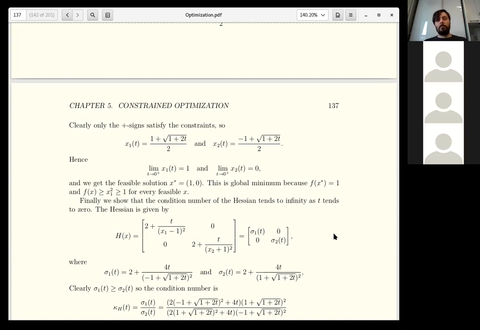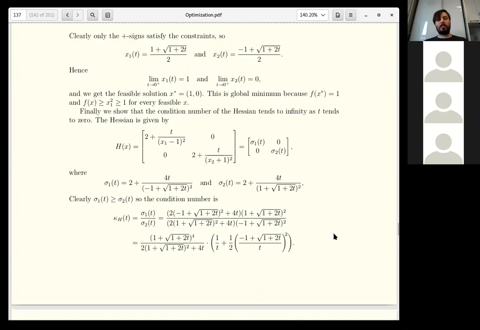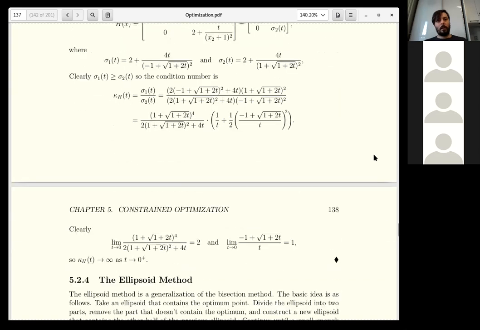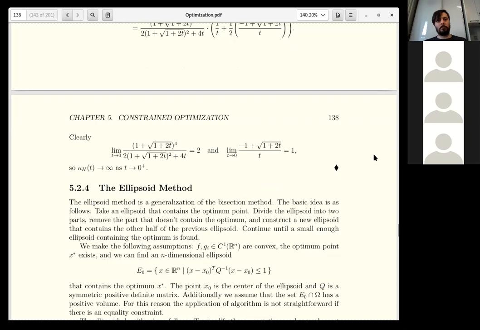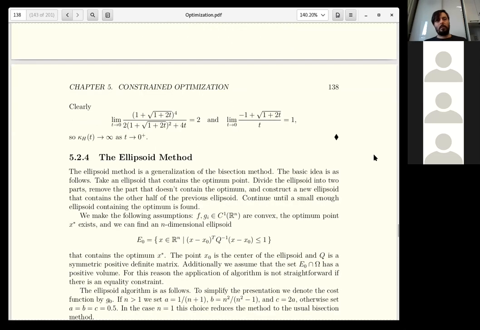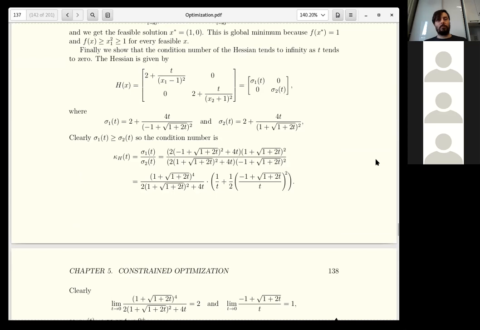The problem is, if we look at the Hessian here, as t goes to 0, the Hessian's condition number tends to infinity. And there is a problem there. We have to figure out a way to overcome this.